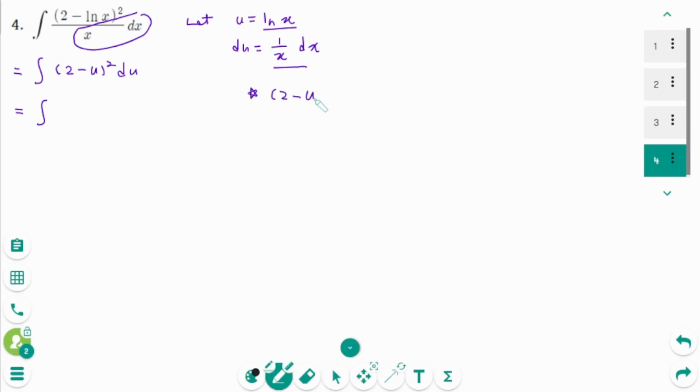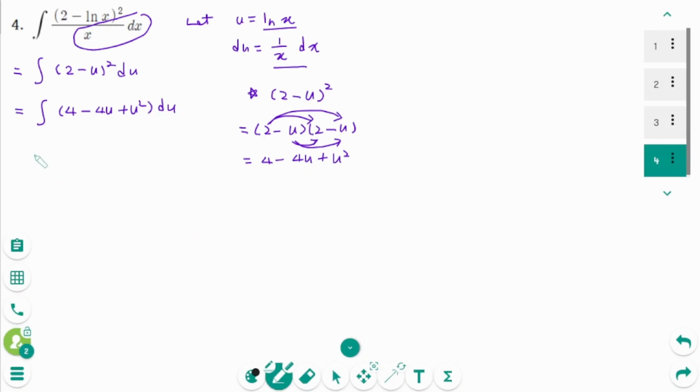2 minus u squared. 2 minus u times 2 minus u equals 4 minus 2u minus 2u plus u squared, which is 4 minus 4u plus u squared. Then back to the original, the integral of 4 minus 4u plus u squared du.